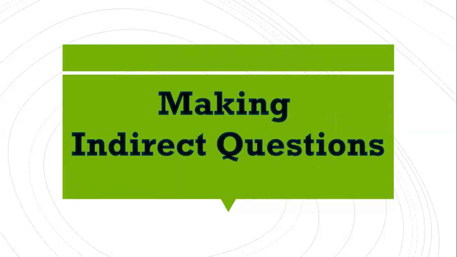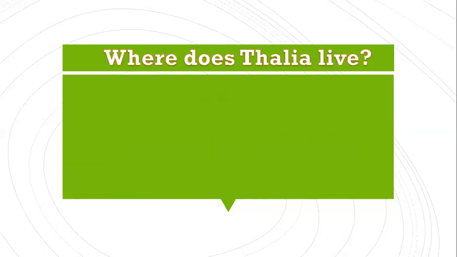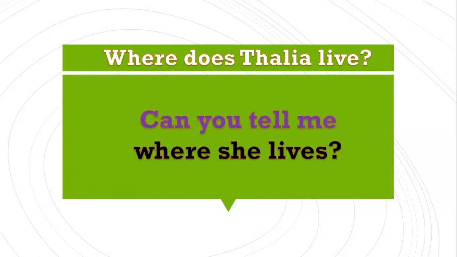Now, how do we make indirect questions? Here we have the direct question: Where does Talia live? This question we can ask my favorite friend. But if I ask a person I don't know, what would the question be?